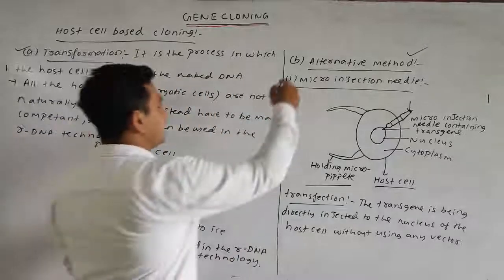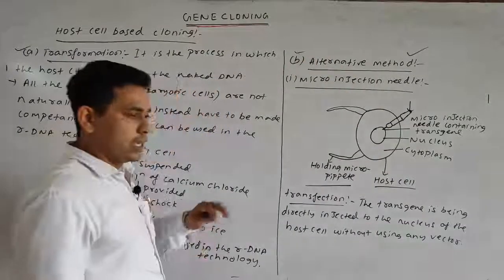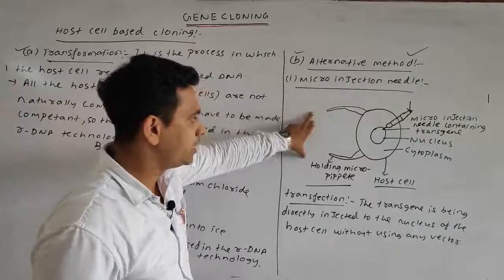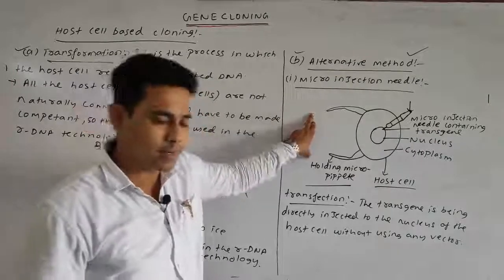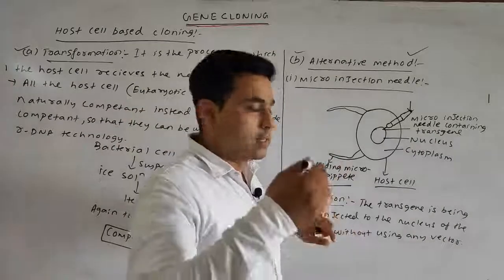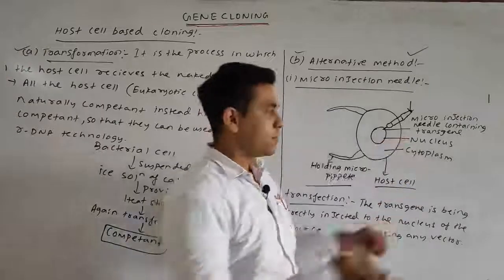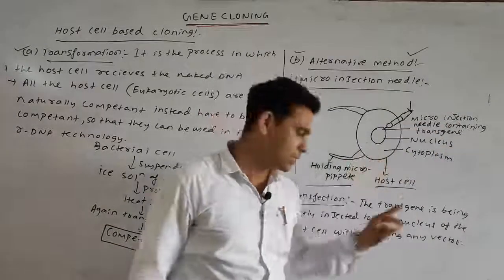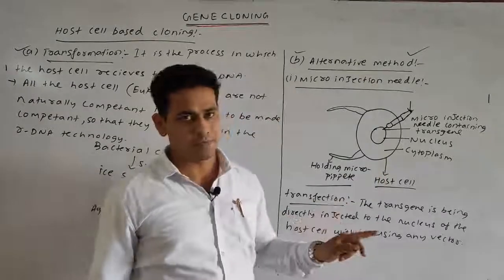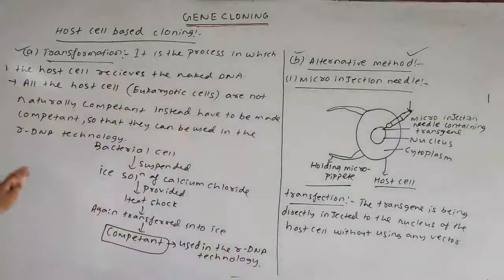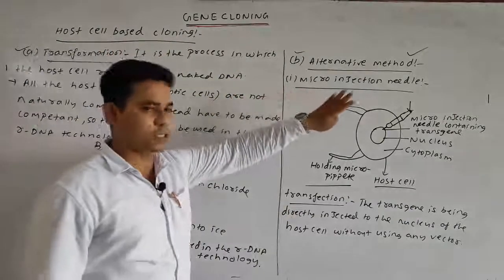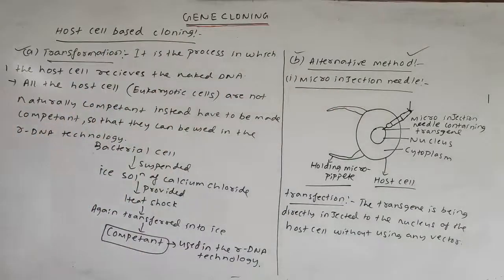Further, we discussed an alternative method, the microinjection needle, in which we hold the host cell with the holding micropipette and the transgene in the microneedle is directly injected into the nucleus of the host cell, and that is nothing but transfection. Please note down.